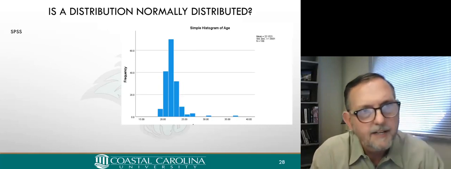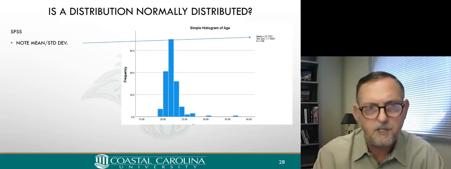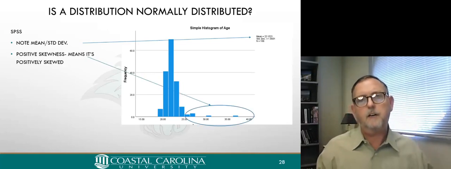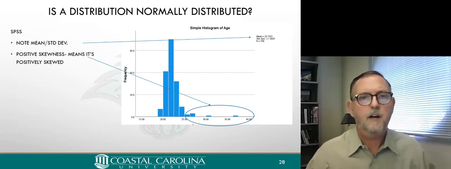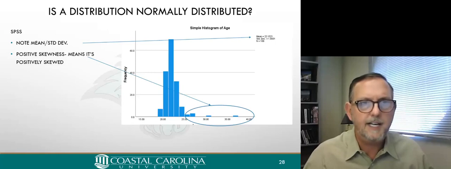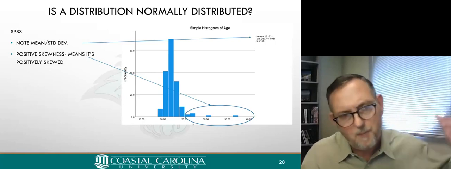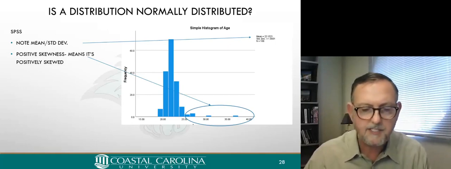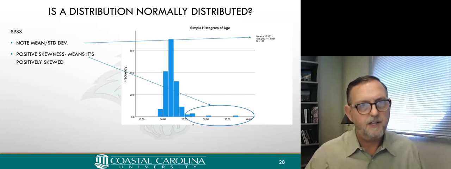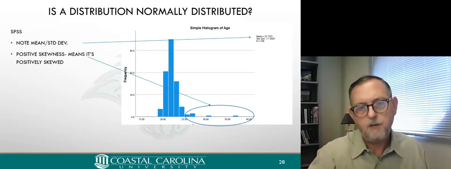Okay, so in SPSS, again, we looked at this idea of a histogram. We looked at this data, the kurtosis, the skewness, the mean, standard deviation. Again, going back to this histogram one more time, we want to look at this idea of outliers.